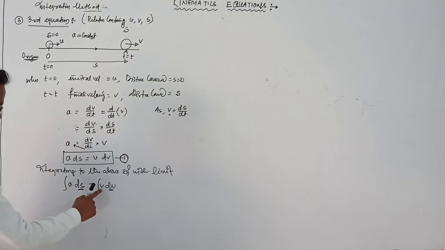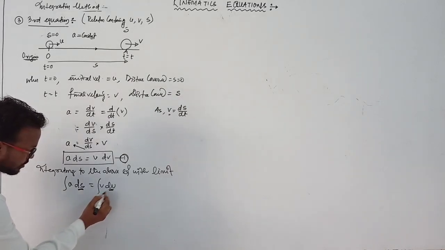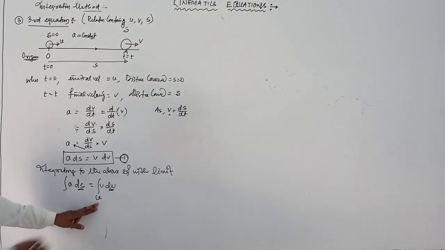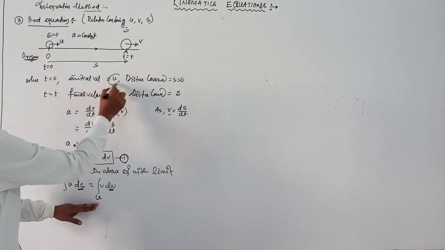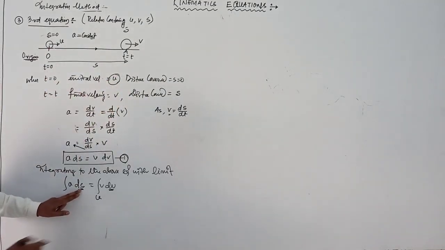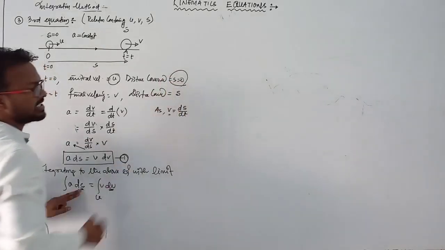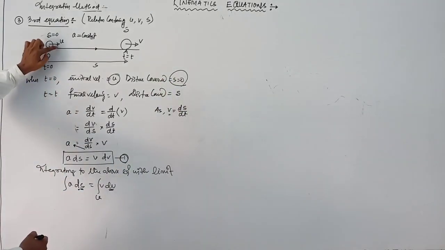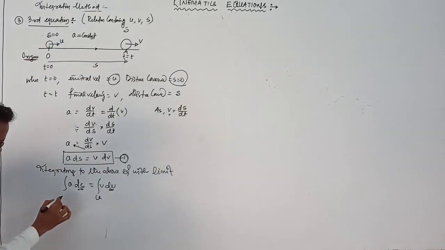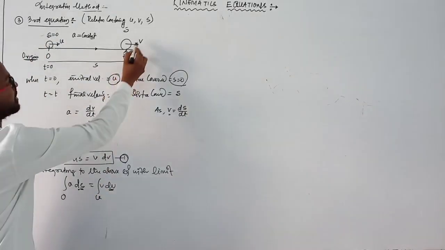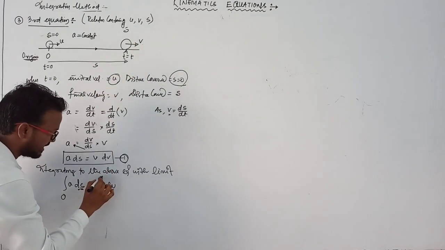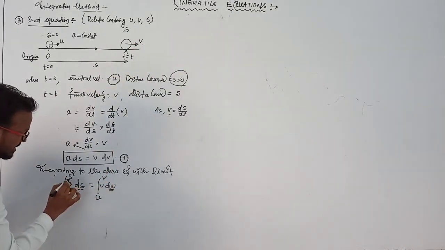So when the initial velocity of the body is u, at that time the displacement of the body is 0. Initial velocity u and displacement 0, then we can write 0 here. Then the final velocity of the body is v and displacement s, so final velocity v and displacement s are here.